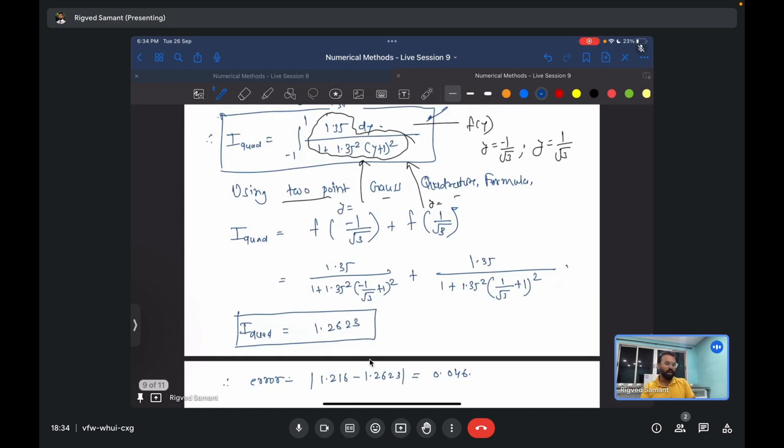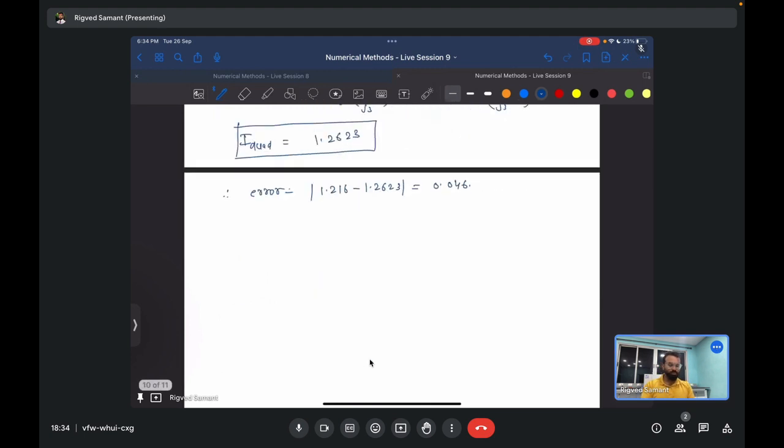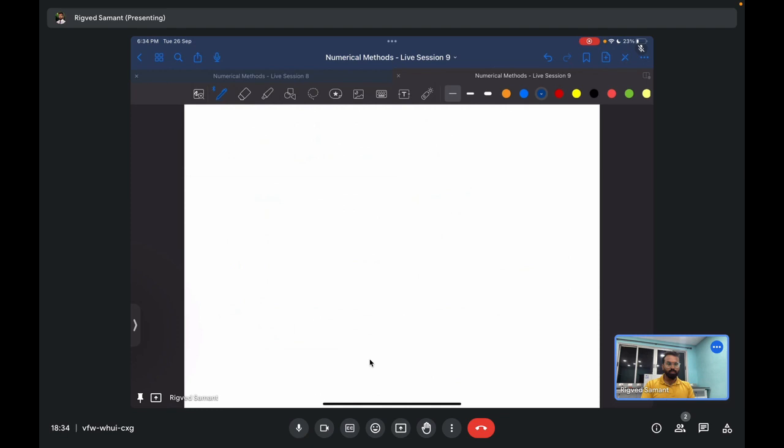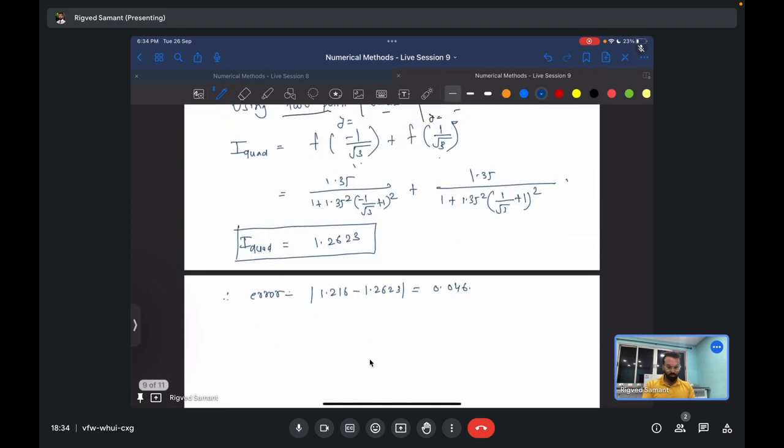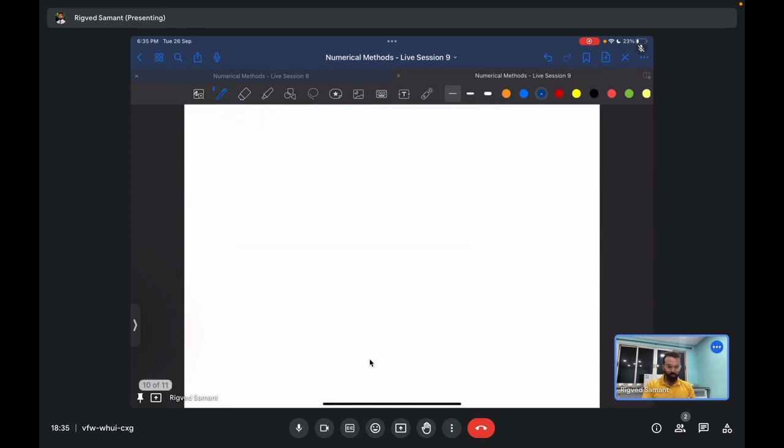For 3 points, there would be different values, such as minus 1 divided by root 3 and plus 1 divided by root 3. So this is your quadrature.